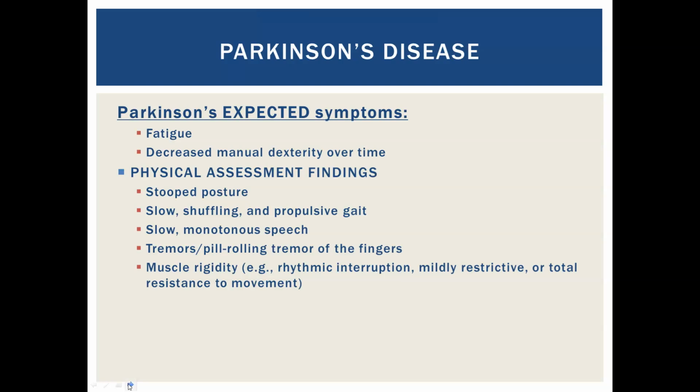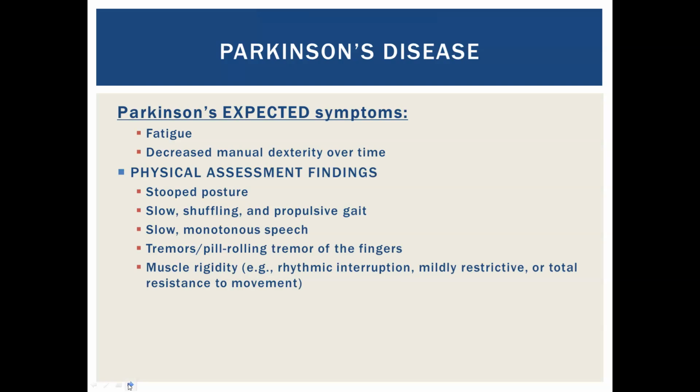So things that we would expect, there's a lot. It's fatigue, decreased dexterity, stoop posture, slow shuffling, propulsive gait. It's kind of like they're pushing themselves forward. A slow, monotonous speech, so everything we know is kind of slowing down.